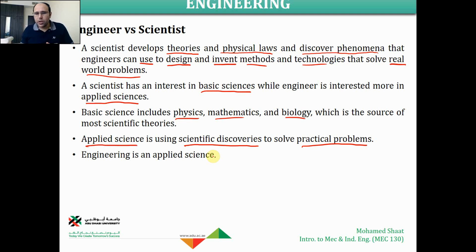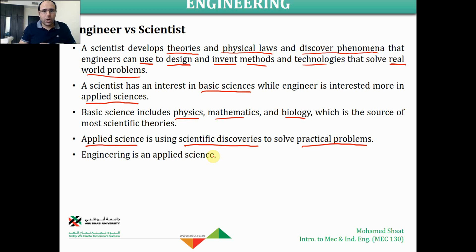Definitely you aren't going to study biology unless your major is biomechanics, for example, or something related to biomaterials. In that case, you should have some background in biology, so you're going to study biology as well. But I'm talking about physics and mathematics in the majority of engineering programs. Definitely you're going to have some courses related to physics and other courses related to mathematics.